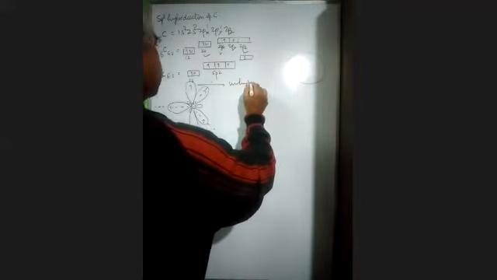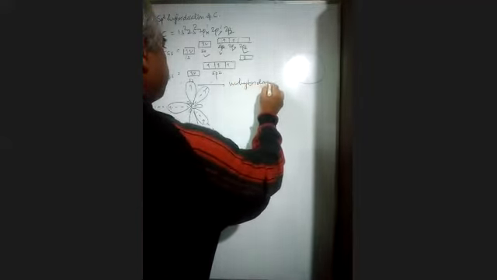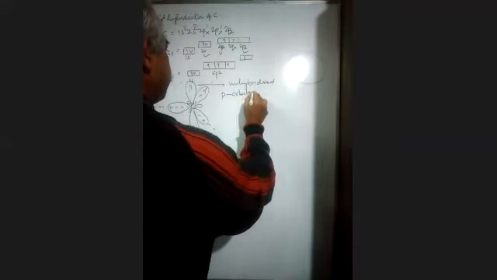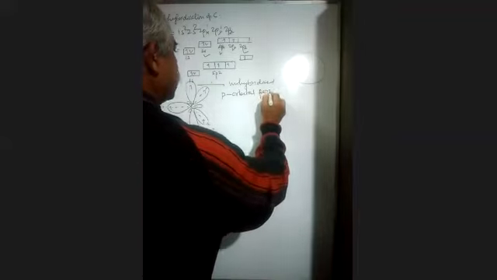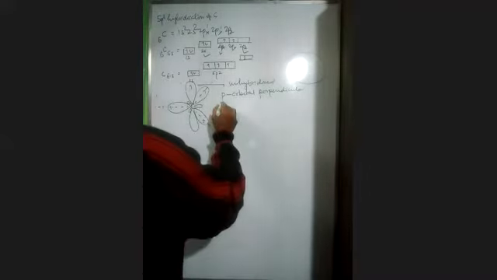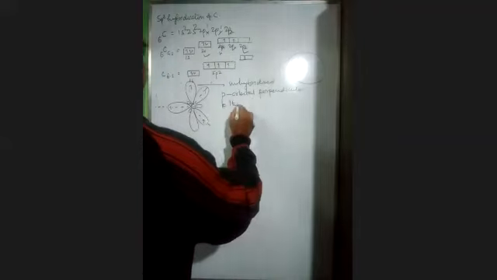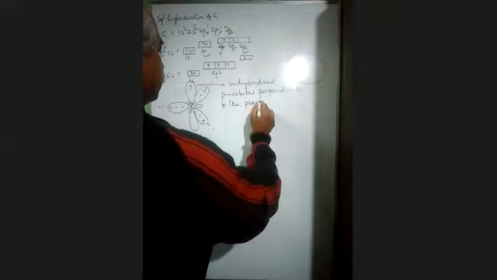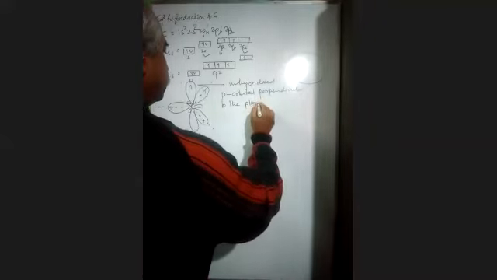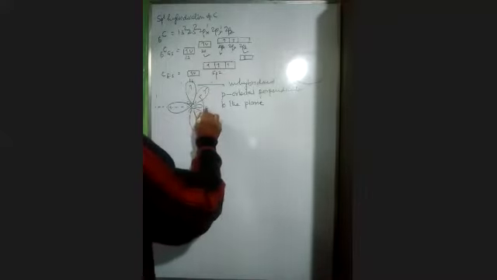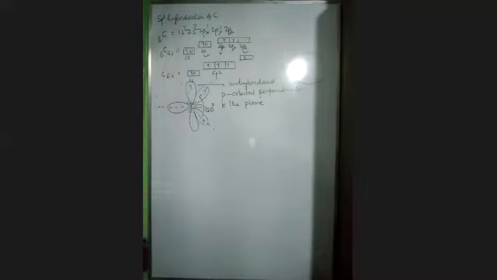Unhybridized orbital perpendicular to the plane. That plane is perpendicular to this, 90 degree angle, 120 degree.